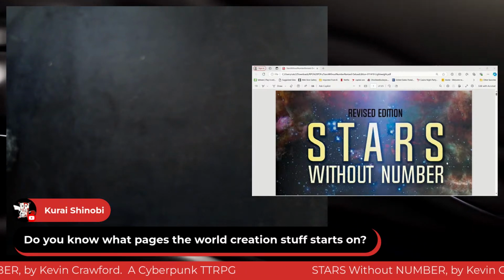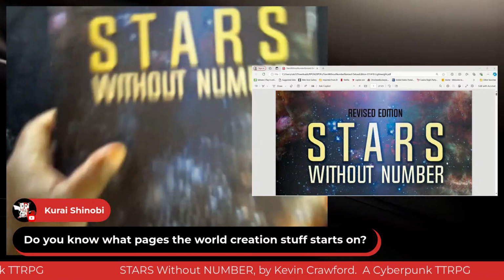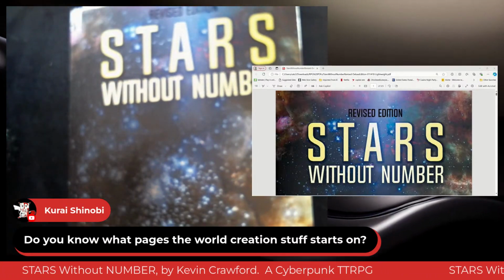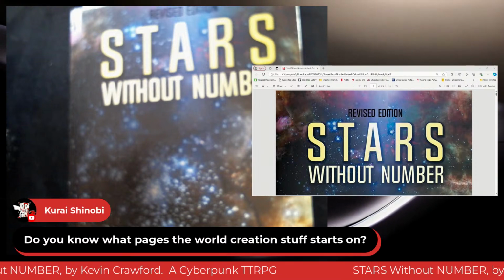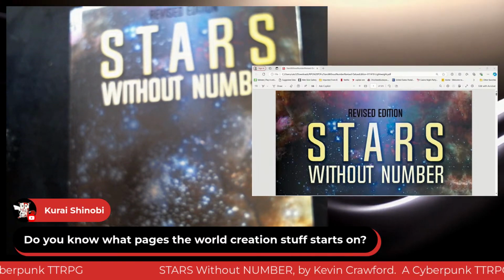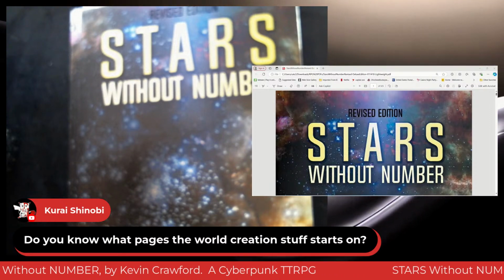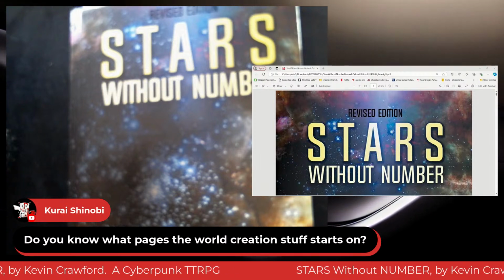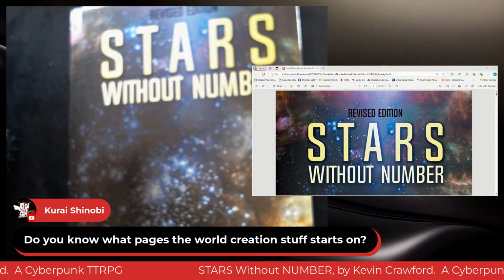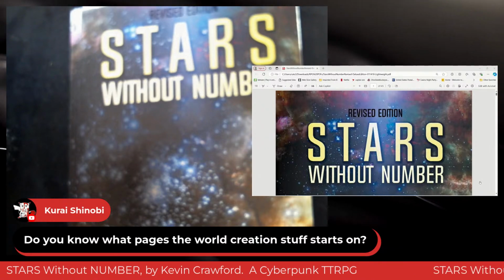So I would start on page 128 in the book. Stars Without Number, page 128, world creation, and then go from there, and then pick and choose what you'd like, right?